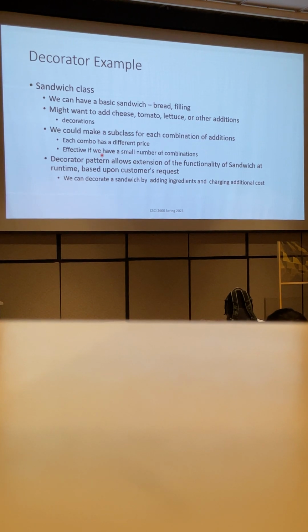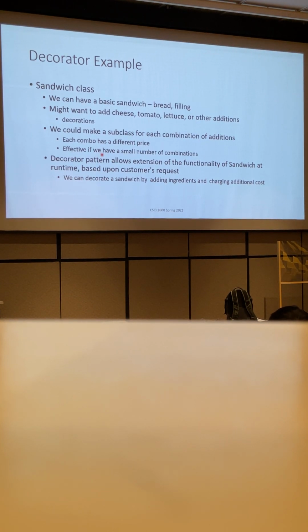So there is a sandwich demo example. Again, we're just going to discuss it briefly. We can have a sandwich class with basic sandwich bread and filling, but you might want to add decorators, like all the different types of toppings. All right, so that's the idea of a decorator.